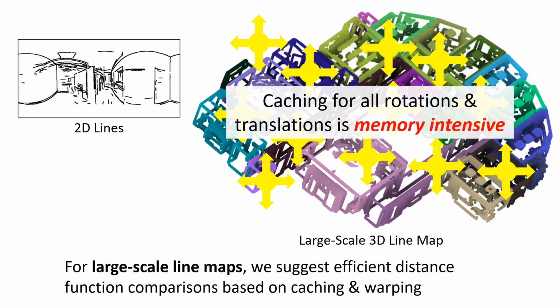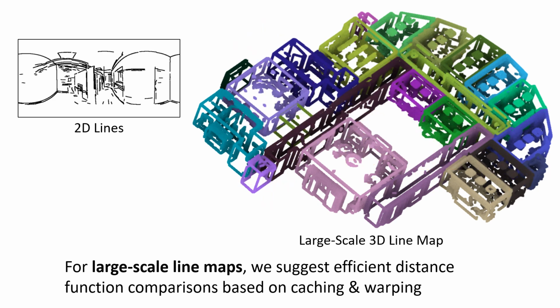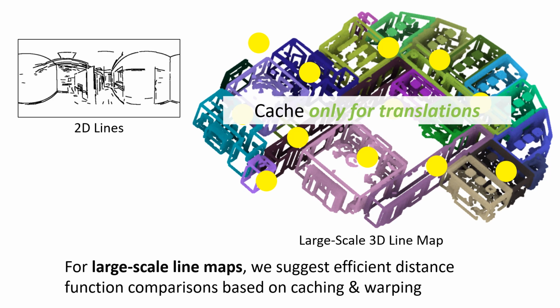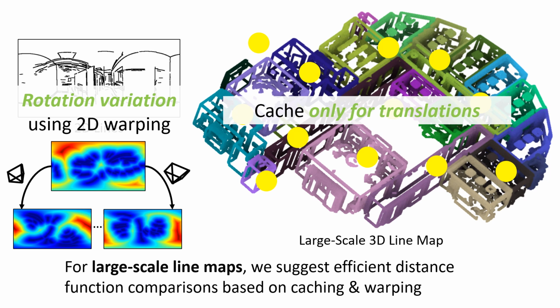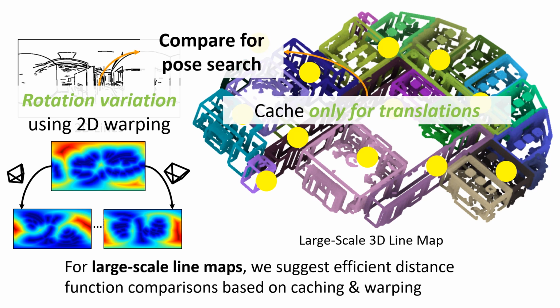Note, however, that naively caching the function values for all combinations of translations and rotations can become memory intensive. Therefore, we only cache 3D distance functions for translation variations under the identity rotation and account for rotation variations by warping the 2D distance functions. Now the distance functions can be quickly compared for large-scale scenes.